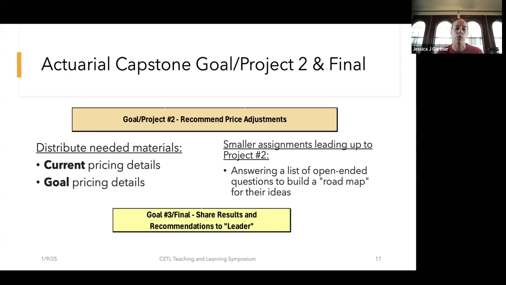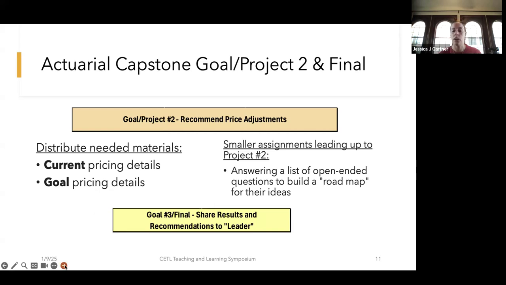So there's a lot of work throughout the semester to get them comfortable with there not being one answer and that everyone's work is going to look a little bit different. So that's part of the smaller check-in points, just making sure that they understand that and how they can get an answer to this question. And I have some smaller assignments leading up to this one as well.